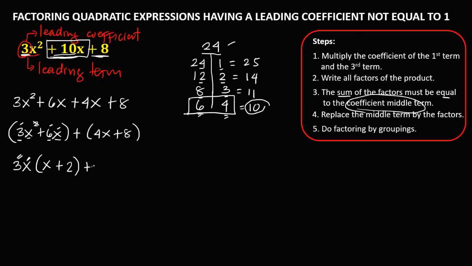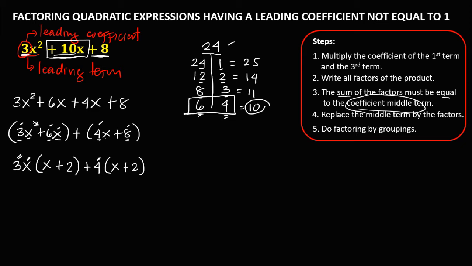Then for the second group, for the numbers 4 and 8, divisible by 4, so you put 4 outside. Then simplify. 4 divided by 4, that's 1. Then we have x, so we have 1x. Then plus 8 divided by 4, that's 2. So these are the factors for the second group.